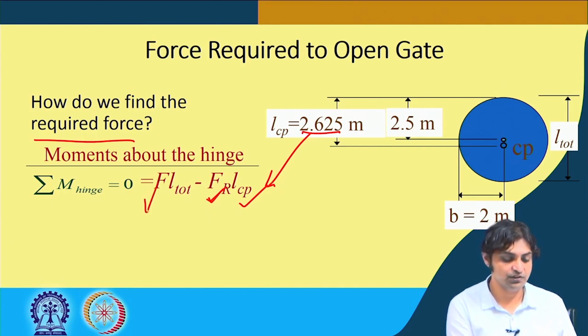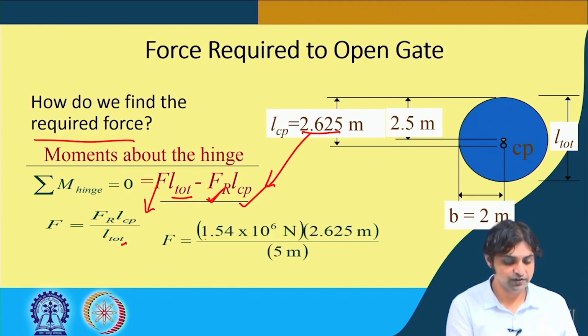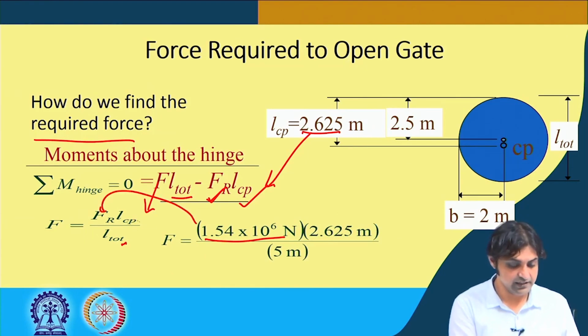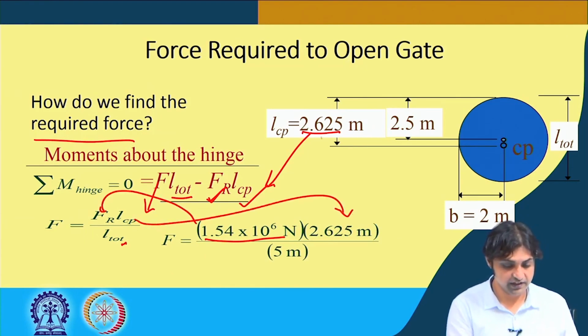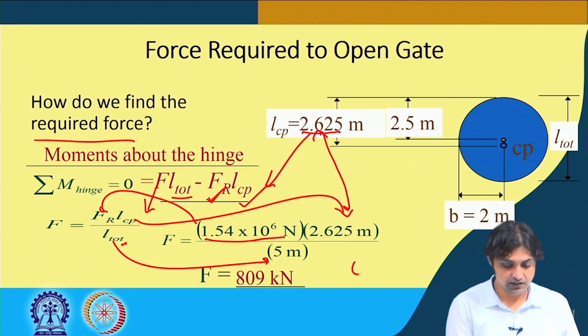We need to find this F, we already know L total. So F will be FR LCP by L total, and on substituting 1.54 into 10 to the power 6 for FR, LCP is 2.625 as can be seen here, and L total is very simple, it's 5 meters. So this value will come out to be 809 kilonewton.